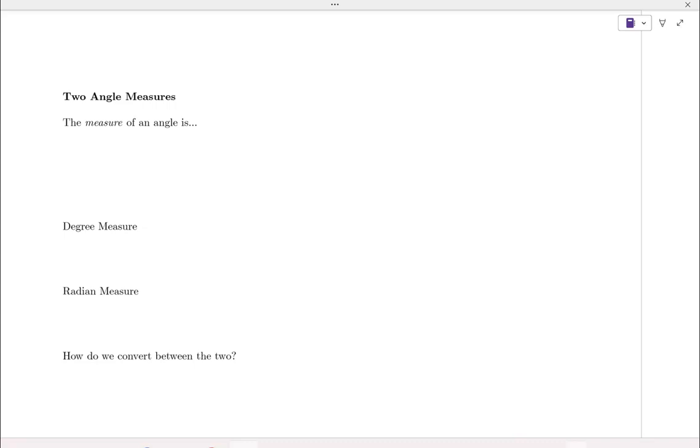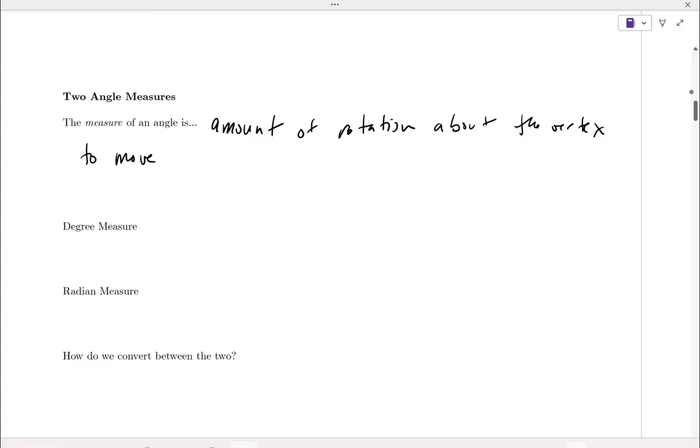So that's exactly what the measure of an angle is: the amount of rotation about the vertex to move one ray, the initial side, to the terminal side. That's all we mean by a measure. Just how much rotation do you need?